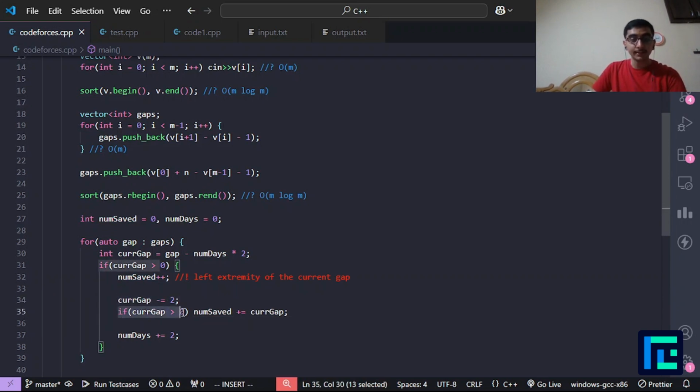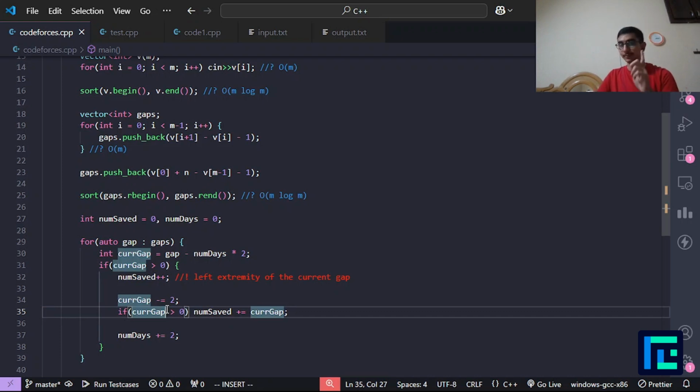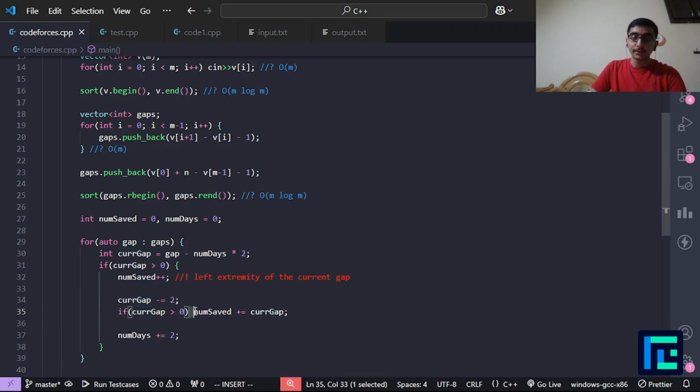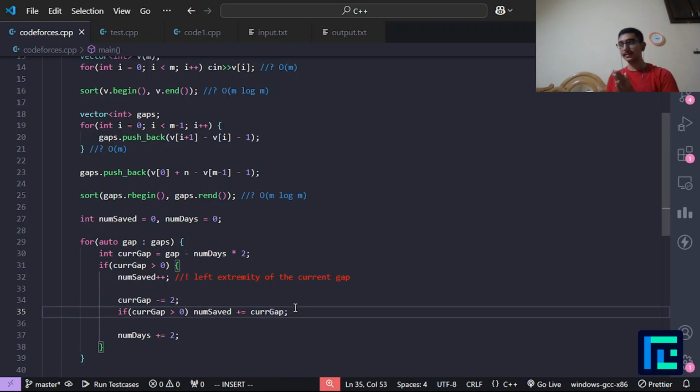Now, if again the new gap left after the current day has passed has positive number of uninfected houses, I'm saying uninfected, not unprotected, right? Uninfected houses, then num saved plus equals to current gap. What it does is it says that now I will protect the other extremity as well. So all the elements currently left will get protected.